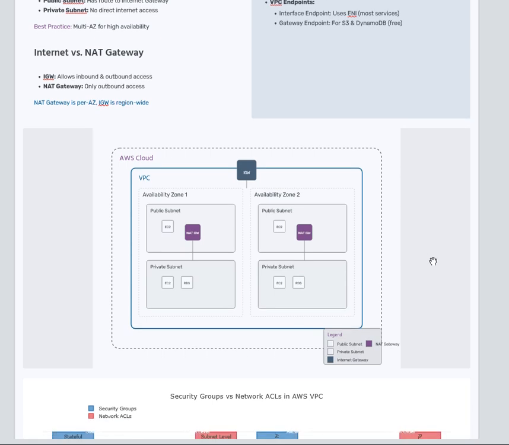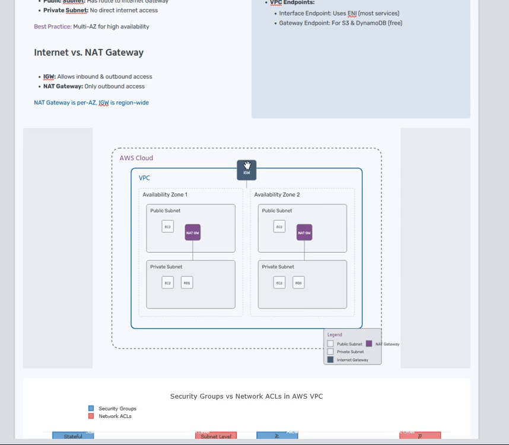So in this picture, you can see the AWS cloud, and then you created one VPC, right? This VPC we created in one of the regions. So you create one internet gateway, and an internet gateway is region wide.